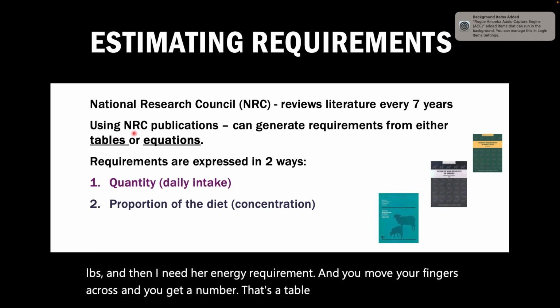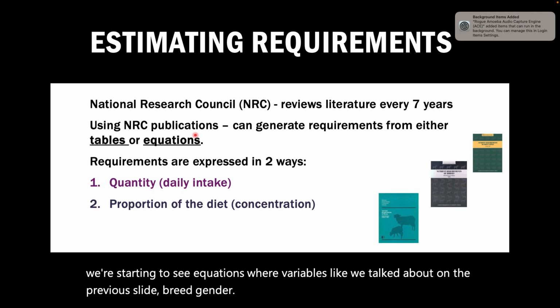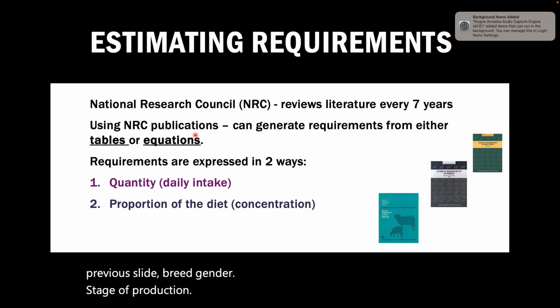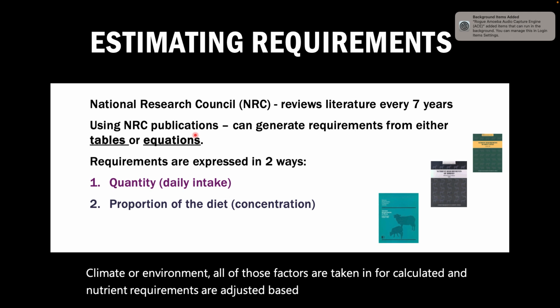But more and more common, we're starting to see equations, where variables, like we talked about on the previous slide, breed, gender, stage of production, climate or environment, all of those factors are taken in, calculated, and nutrient requirements are adjusted based on the specific situation those animals are in.